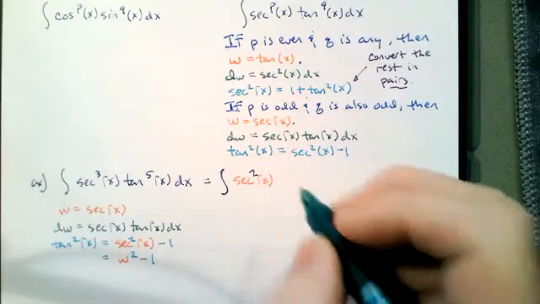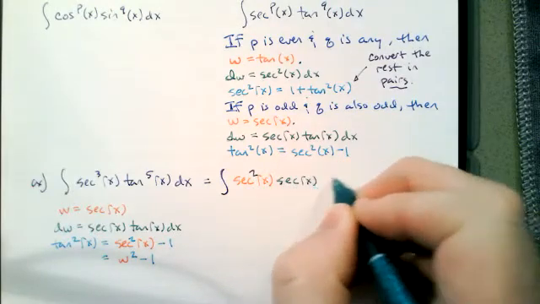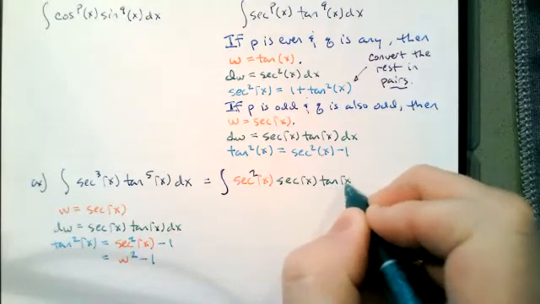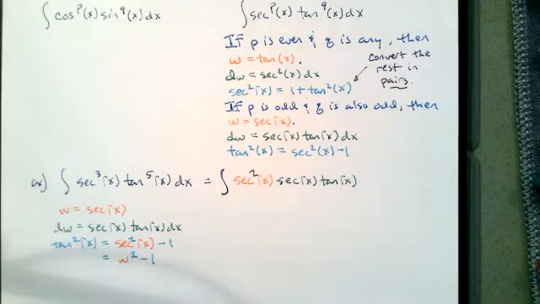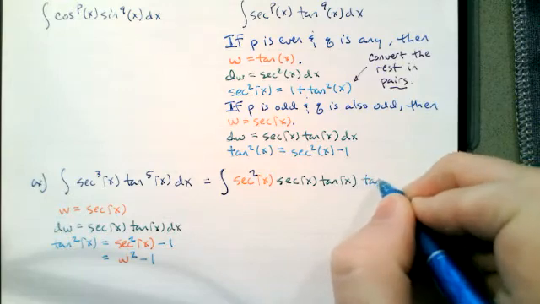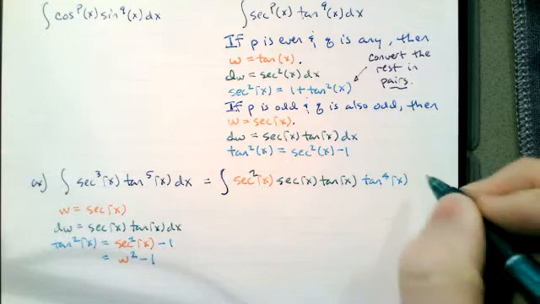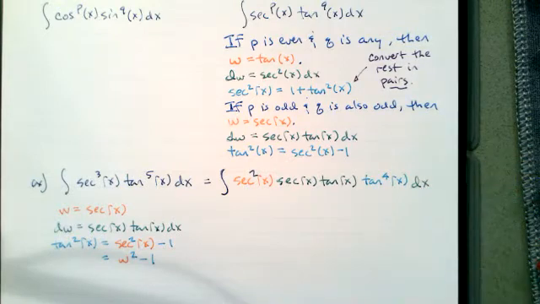I need one factor of a secant and one factor of tangent to be the dw. And then I had 5 tangents, so there are 4 tangents left over.